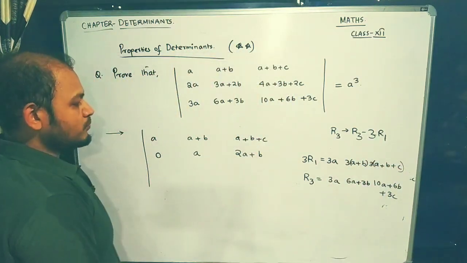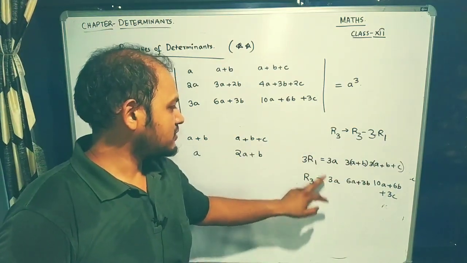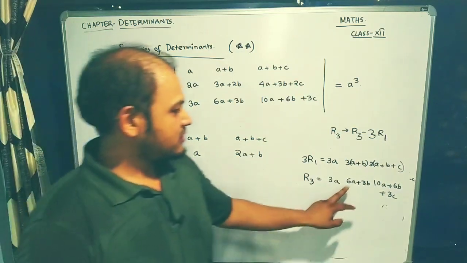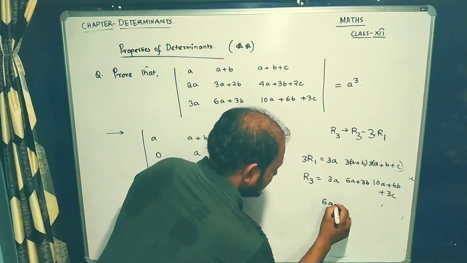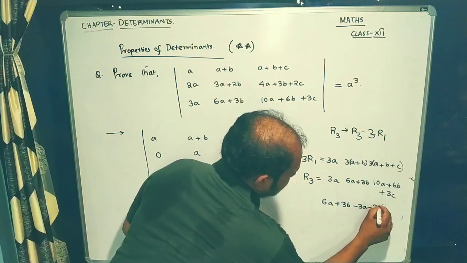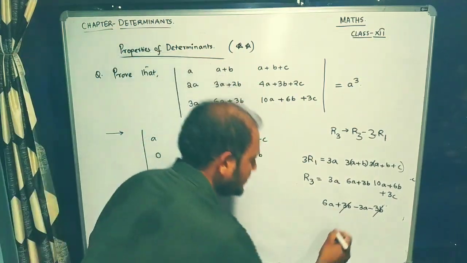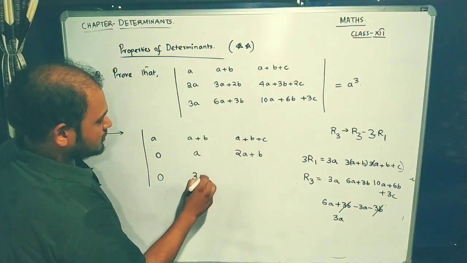Okay. Now in the third row, what do you have? r3 minus 3r1. So r3 minus 3r1 is 3a minus 3a is equal to 0. Then 6a plus 3b minus 3a minus 3b. So 3b, 3b cancel out. You have 6a minus 3a, that is equal to 3a. So put 3a in this position.